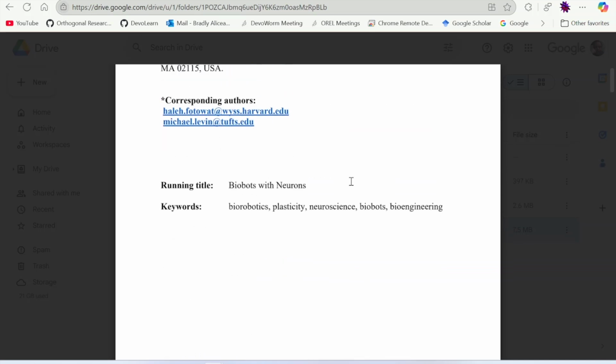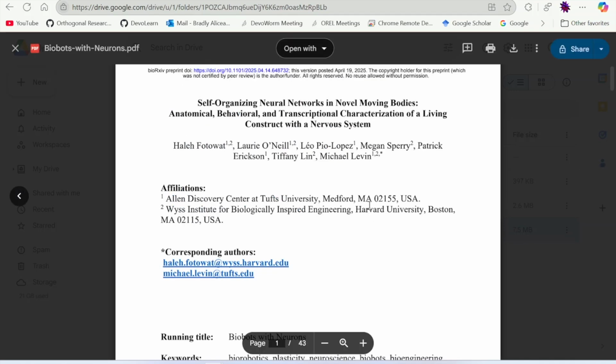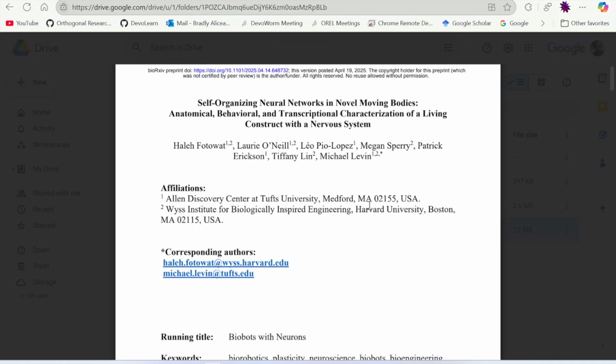The running title is Biobots with Neurons. So this is where we're looking at these biobots instead of anthrobots. We're looking at these organoids with neurons, and they're using these bioengineering techniques to generate these artificial organisms.